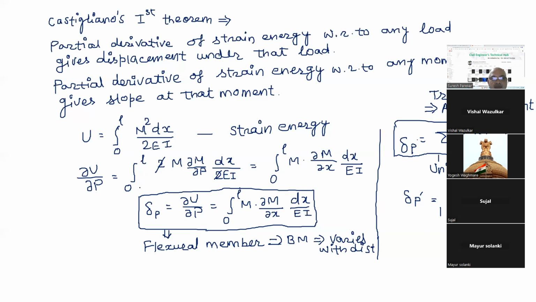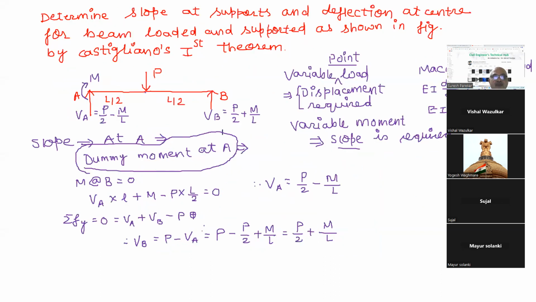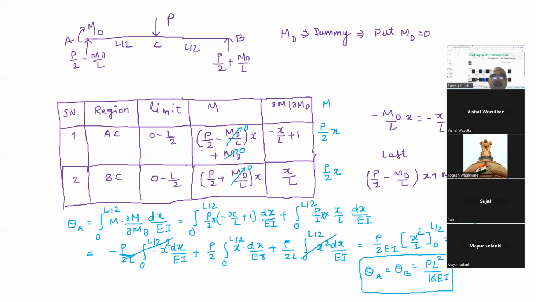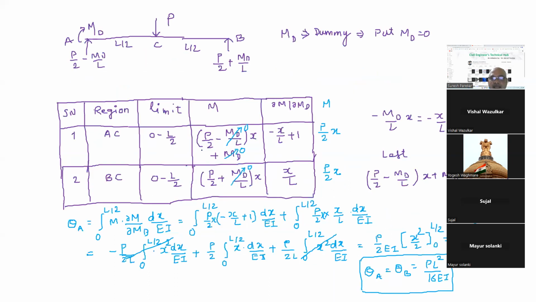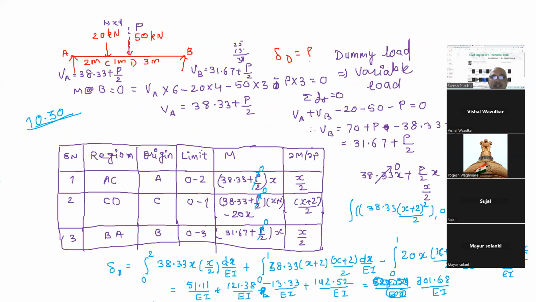We saw a problem with a concentrated load at center and solved it, getting delta equal to PL cube upon 48 EI and theta equal to PL square upon 60 EI.